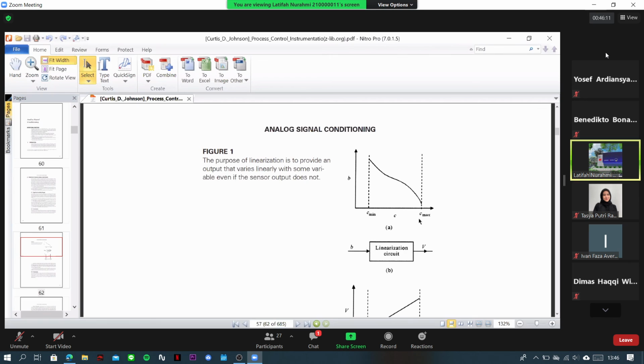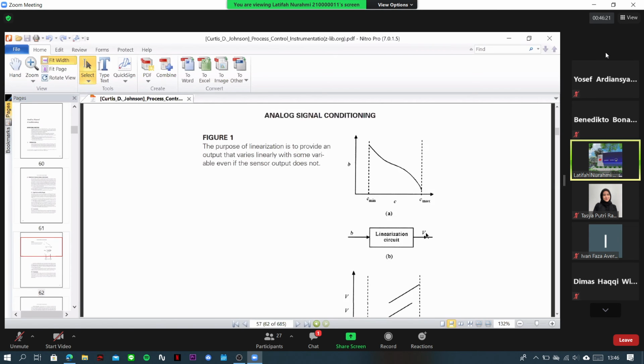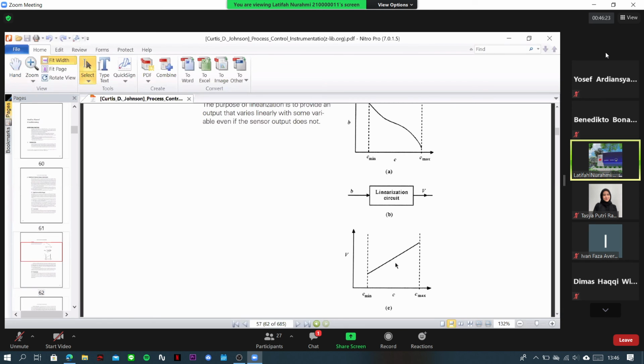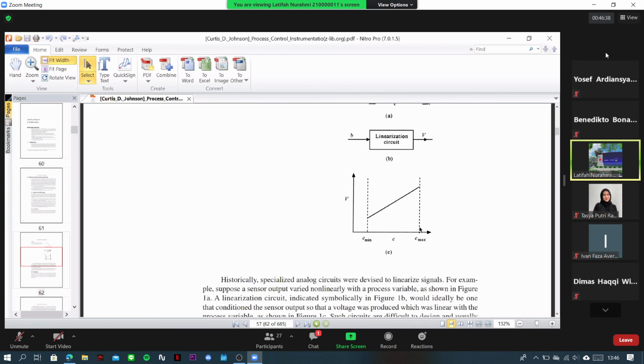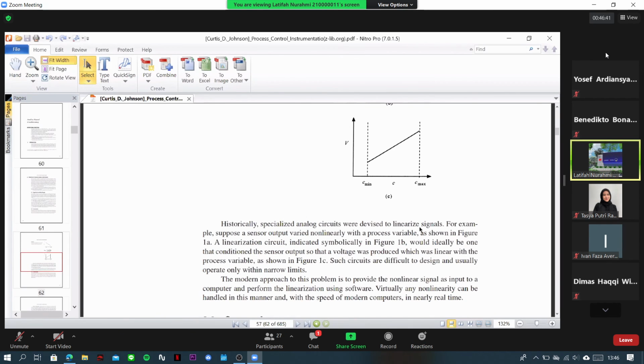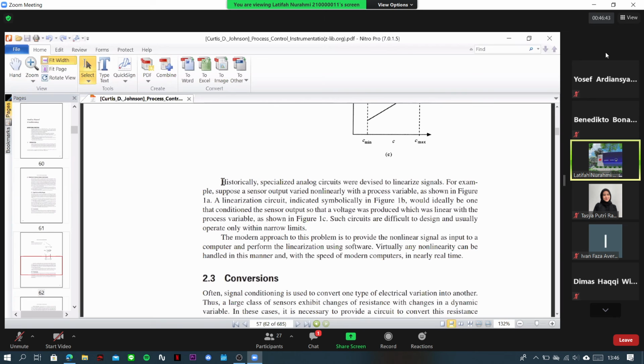Then for the next calculation, let's say you want to calculate the temperature change from the thermocouple. To ease the problem, you want to linearize, turning nonlinear signals into linear signals. This is also one type of signal conditioning, linearization. Very easy language. I think it's easy for you to understand.